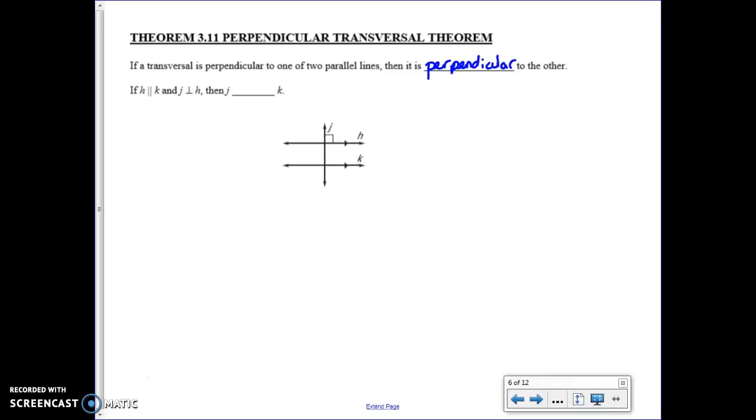So I want you to notice the perpendicular transversal theorem starts off with if we know that there's a parallel line that's perpendicular to one line, then we know that it's also perpendicular to another. So this says if H and K are parallel, if you look at your picture, and we know that line J is perpendicular to line H, then we know that line J would have to be perpendicular to line K as well.